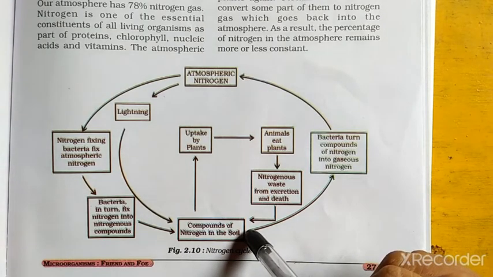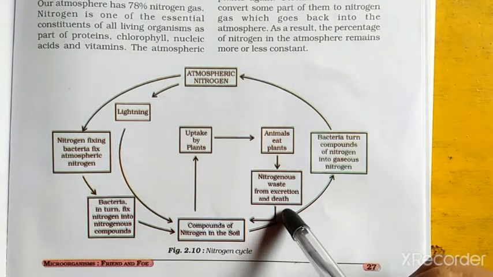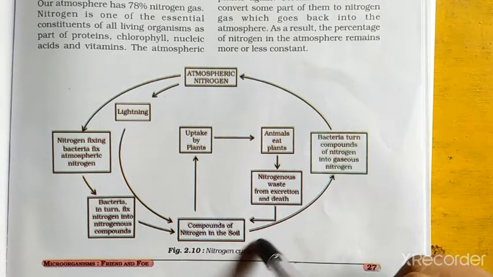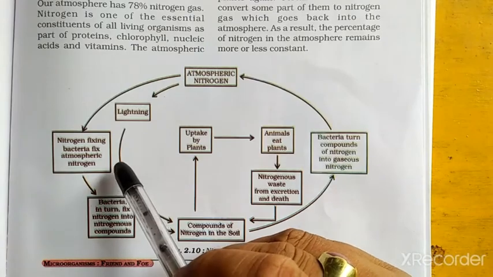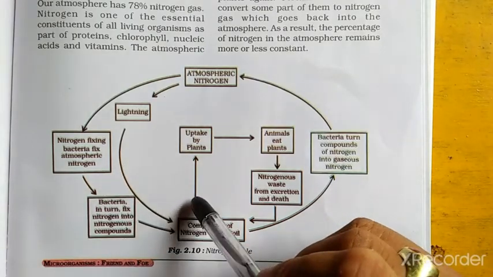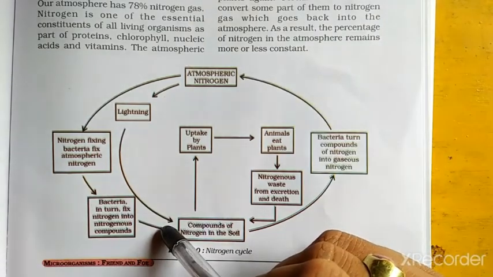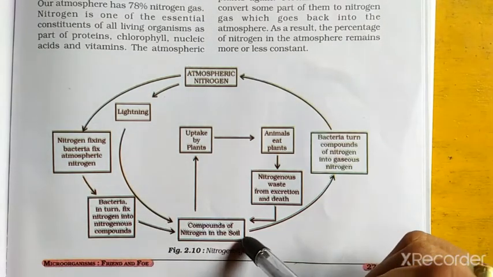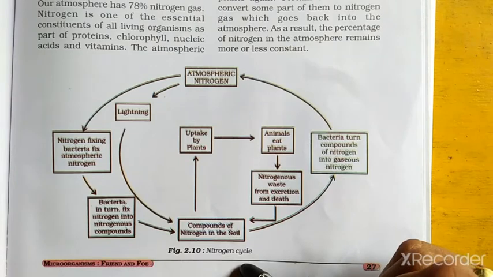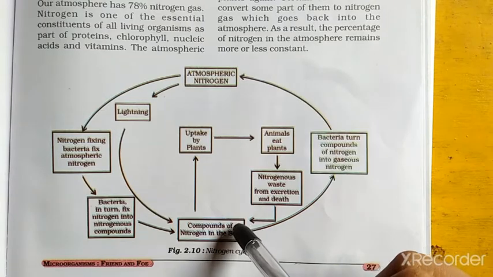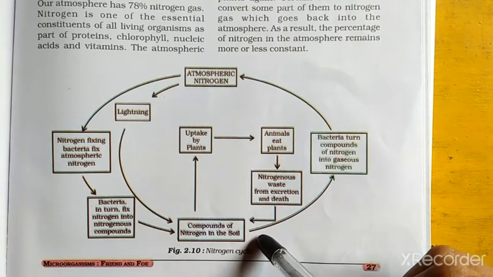This is the nitrogen cycle. Like this, the amount of nitrogen in the atmosphere remains constant.